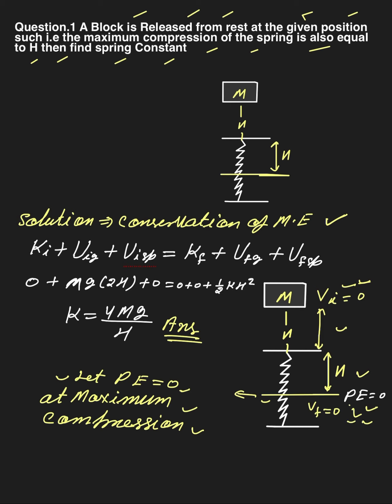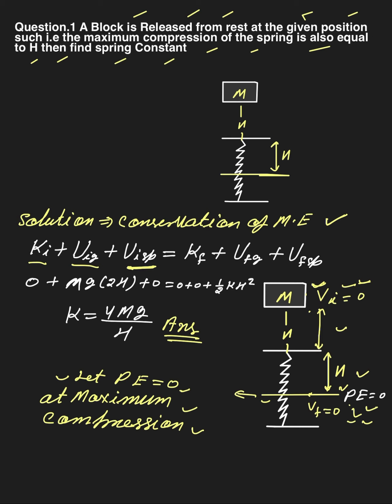potential energy at the final position. Now the kinetic energy of the block is Ki, the potential energy of the block due to gravity is Vig, and lastly the potential energy due to the spring, the initial potential energy.